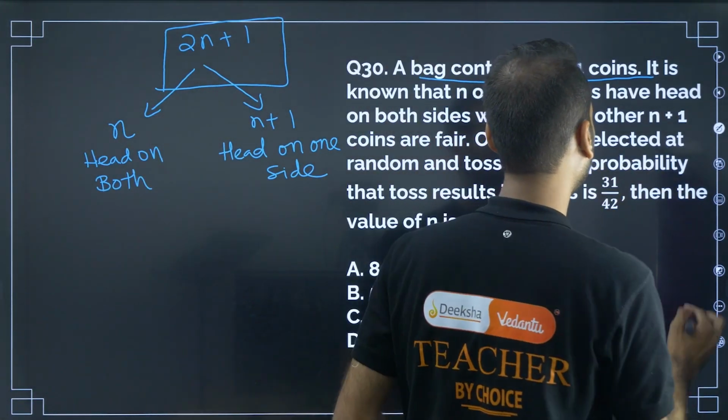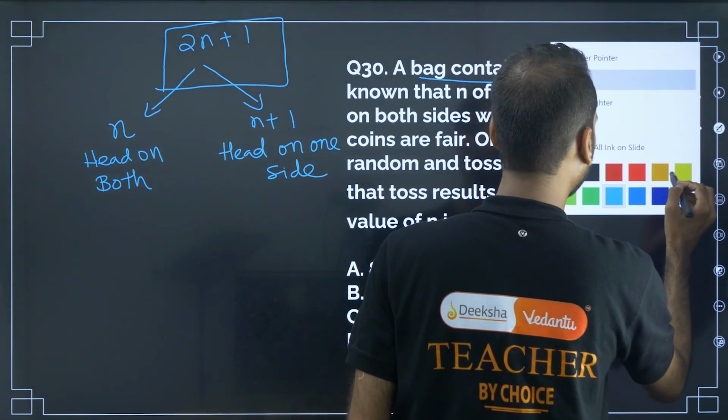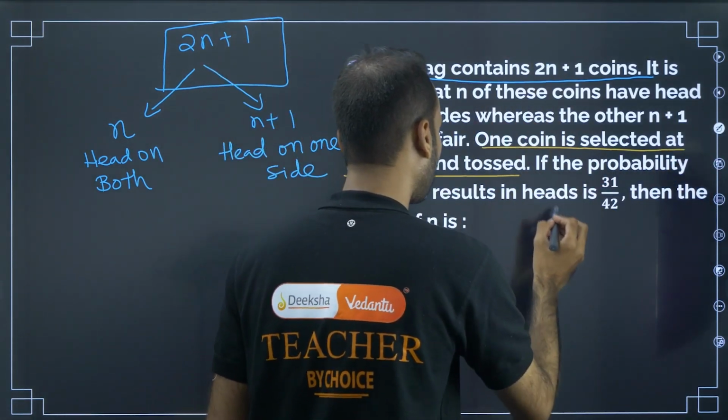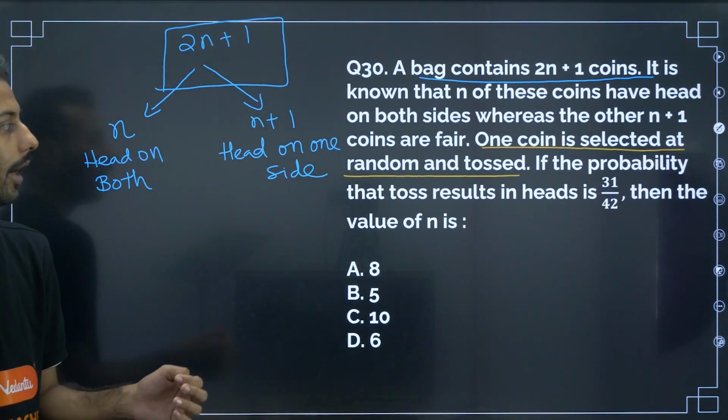One coin is selected at random. What are they doing? One coin is selected at random and tossed.